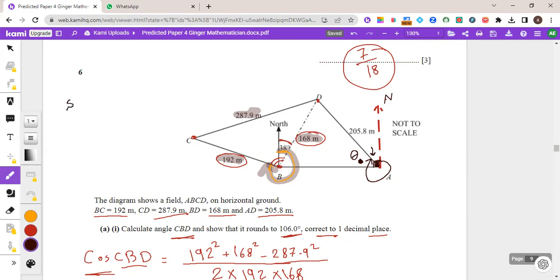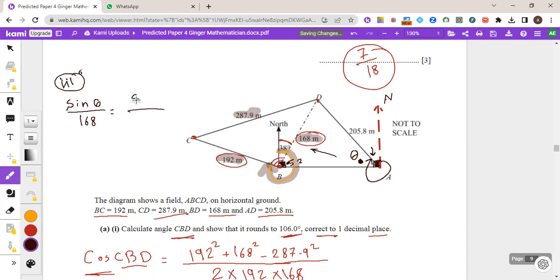I can use sine rule, yes? So sine theta over 168, the opposite, equals, and this angle equals what? 90 minus 38, which is 52.